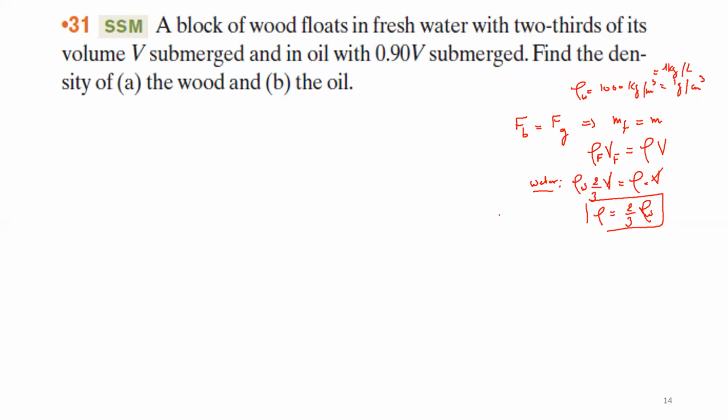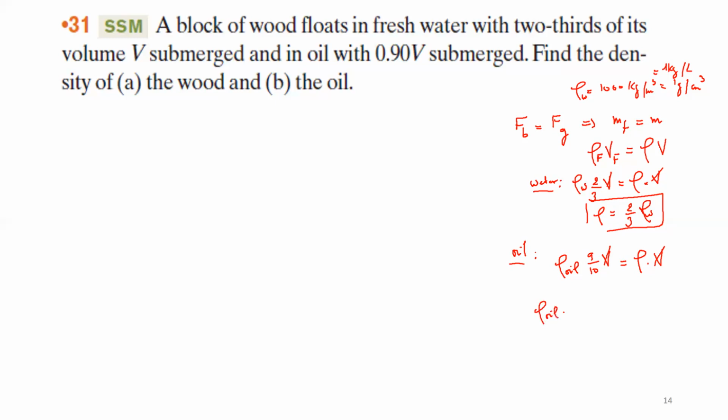Now, in oil, what do I have? I have the same thing. Basically, rho oil multiplied by the volume of oil which is displaced, which is 9 divided by 10 volume of the object, is equal to what? Rho of wood multiplied by the volume of wood. Okay, so you see that the V goes away.